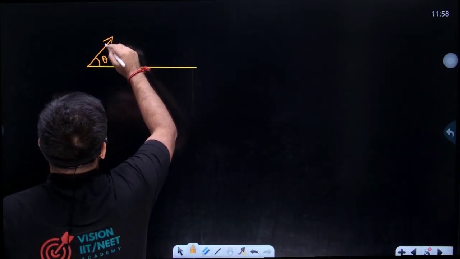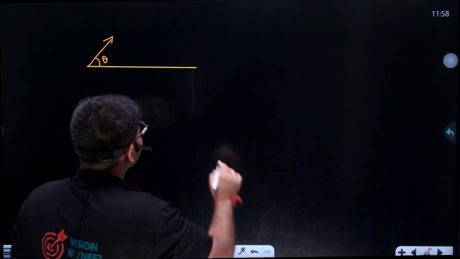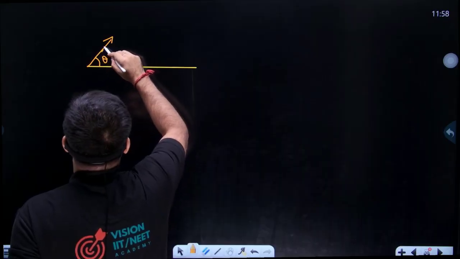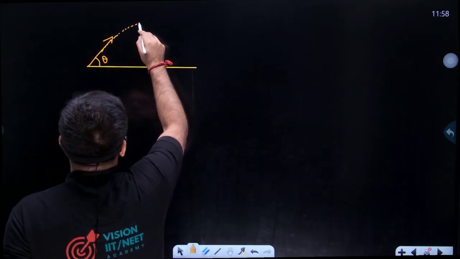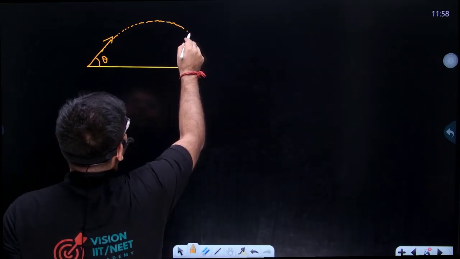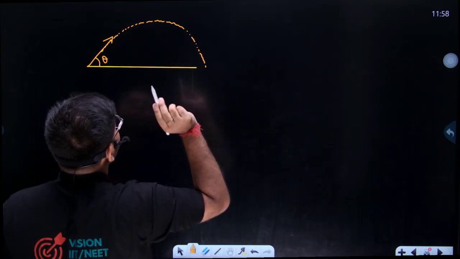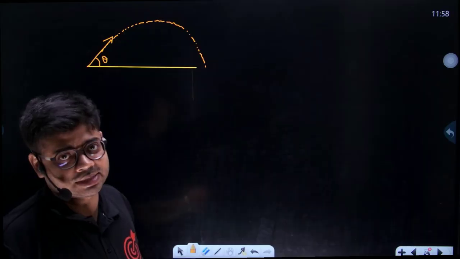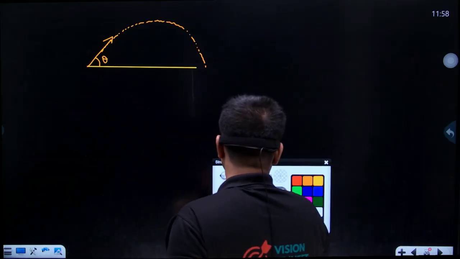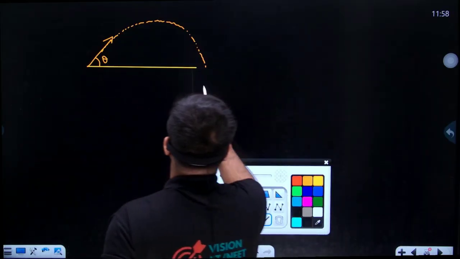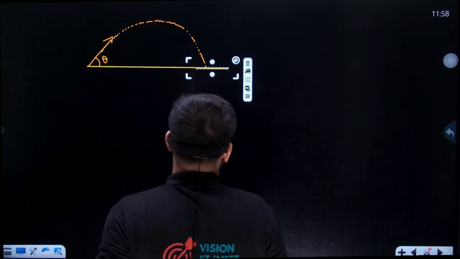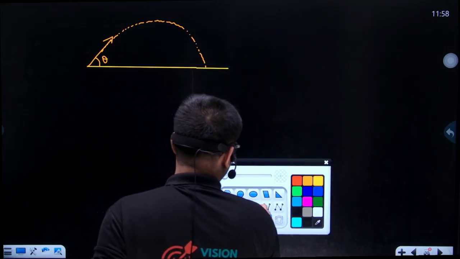From our simple day-to-day experience we can say that this object is going to move, move, and fall something like this, okay? So the object is going to fall after it has moved a substantial distance. This we all know.